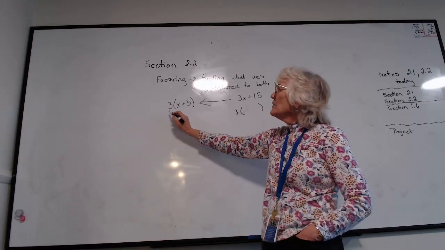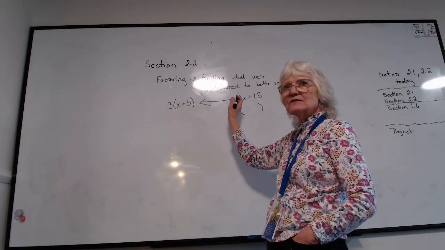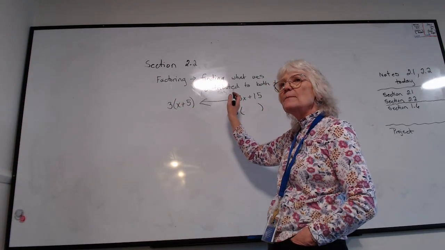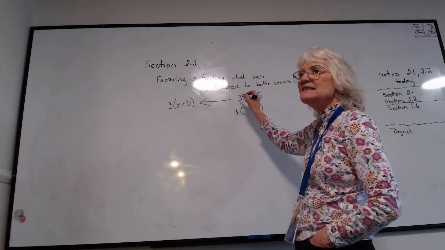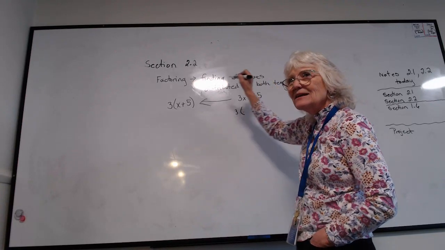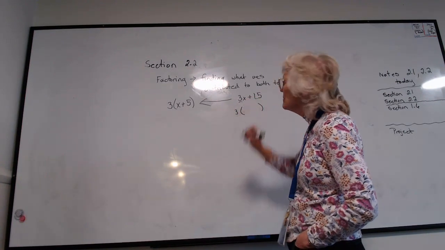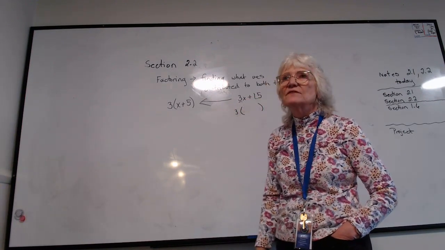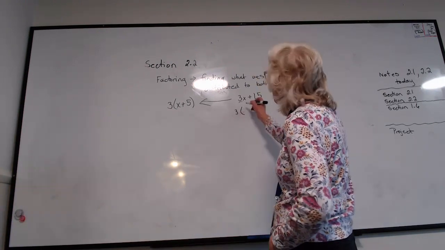Okay. Now, if we multiplied to get to here this way, we're going to do the opposite to go back here. We're going to figure out what divides into both of these numbers and get that answer. So if I look at this 3 and 15, what's a number that divides into both 3 and 15? Yes. 3? Yeah, 3.